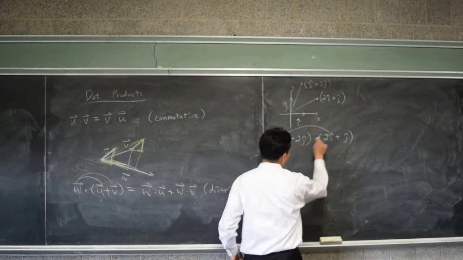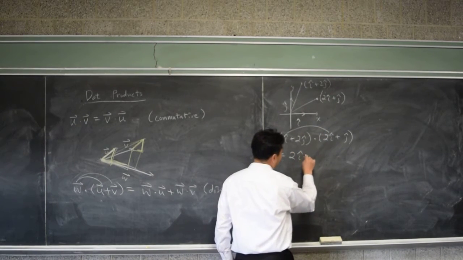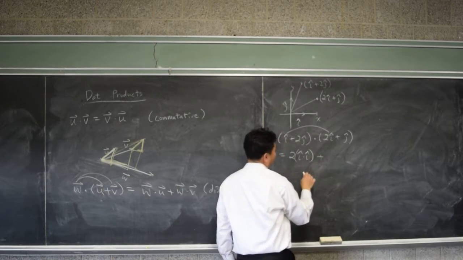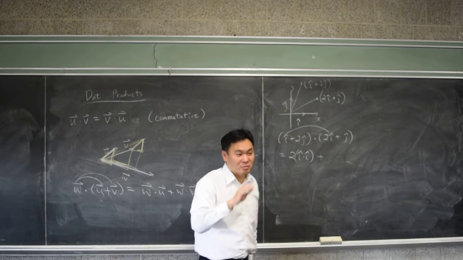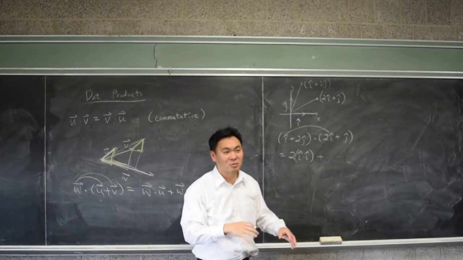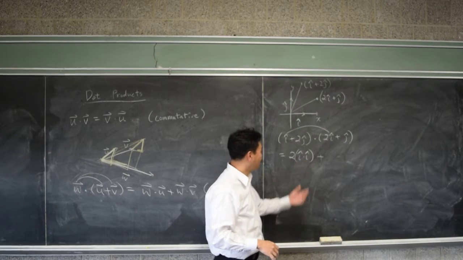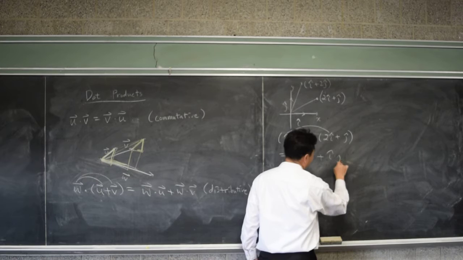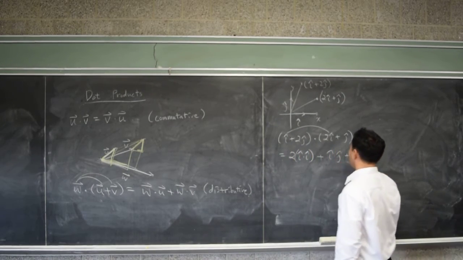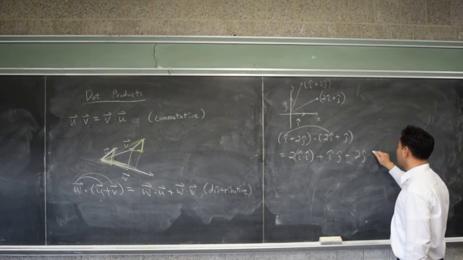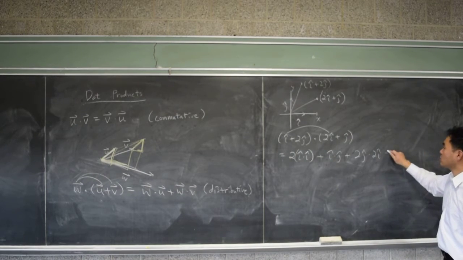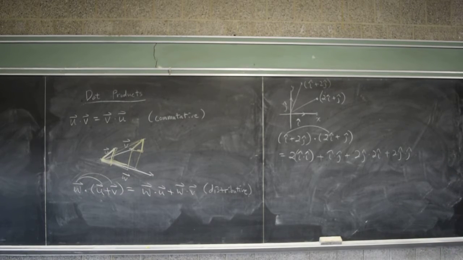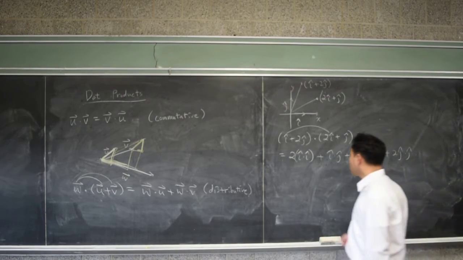So I can do this, which is 2i dot i, and I refuse to say i squared because that could mean something else. So you want to say i dot i. And you have i dot j plus 2j dot 2i plus 2j dot j. And these are easy to compute.